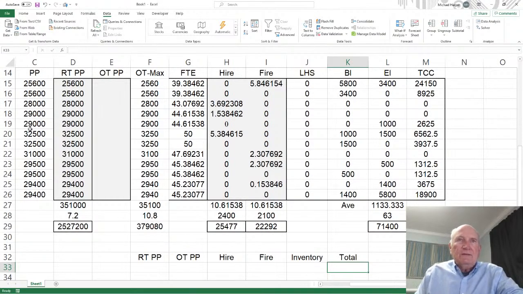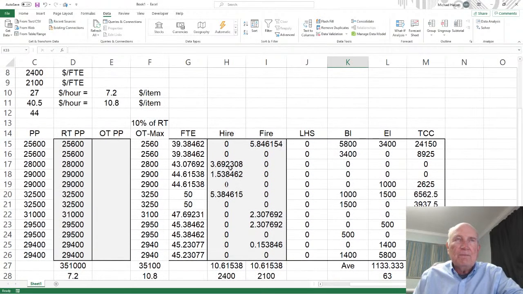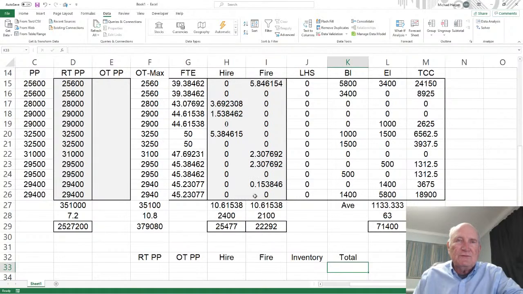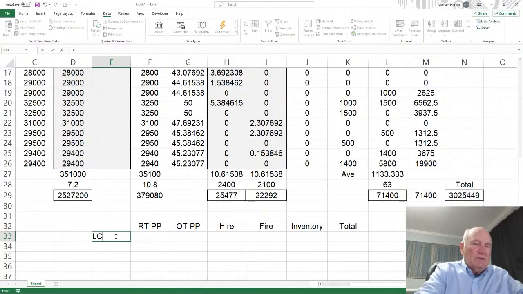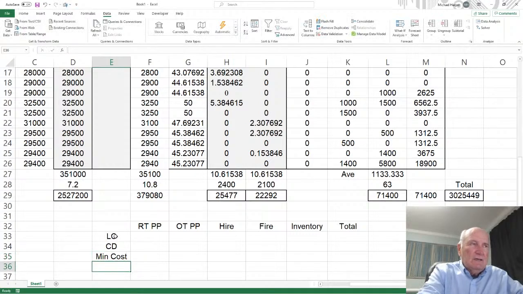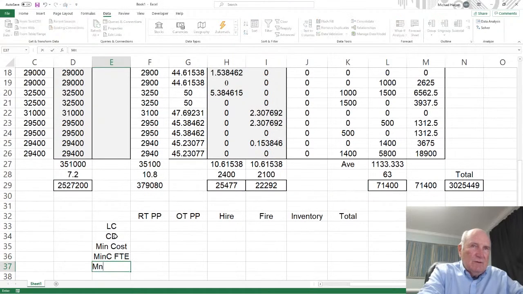Okay. And so if we look at this here, this is for this one, but we'll do this for level capacity, chase demand, minimum cost, min cost with FTE restrictions, min cost, FTE, and overtime.